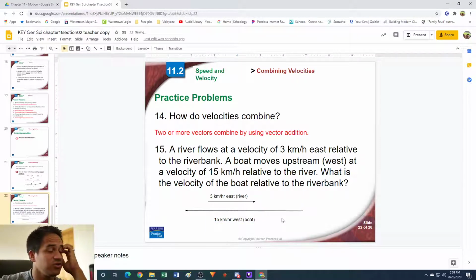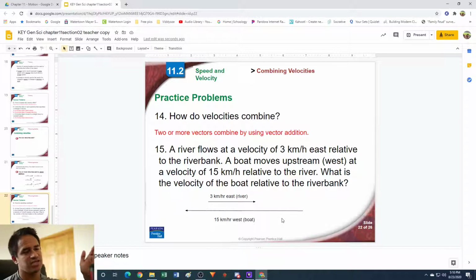Okay. So here are our 2 vectors, and the question is what is the velocity of the boat relative to the riverbank? So basically it's saying if you are standing on the side of the river on the ground and you're watching this boat, how fast is it going to look like the boat is moving? Now, you might think, well, it's going to be moving 15 kilometers per hour, obviously, Mr. B, because it's what it says in the problem, right?